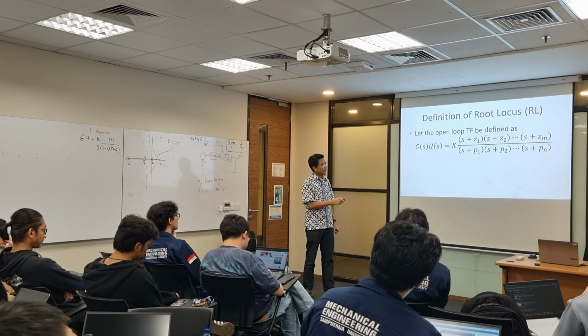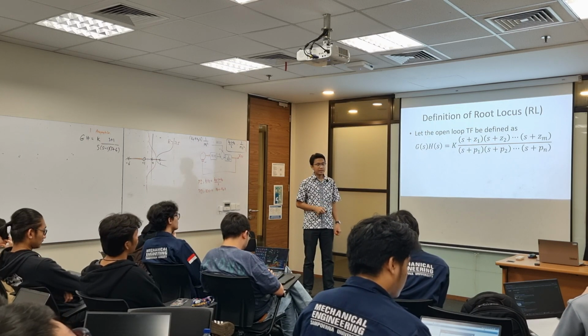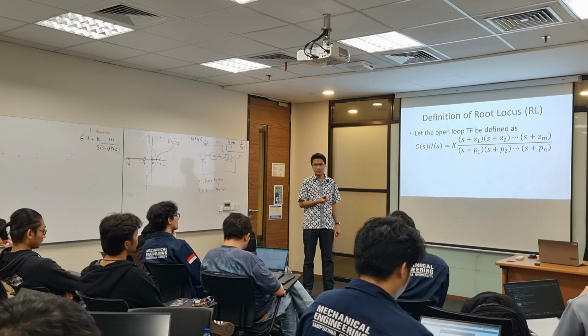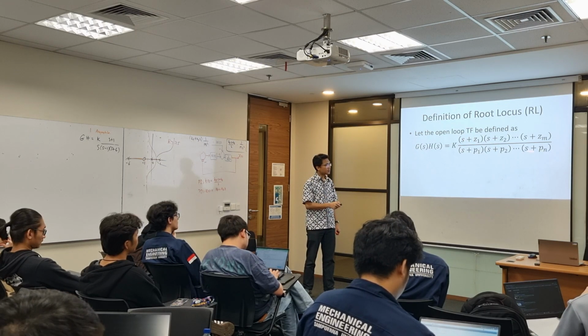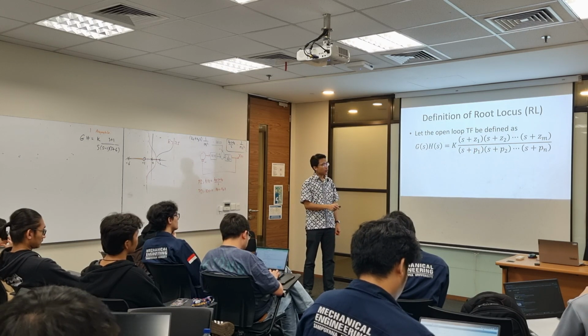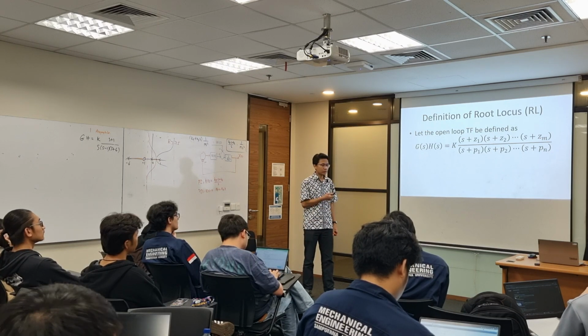On the top part, I write down the numerator as a multiplication of S and then the zeros. And on the bottom, we take out the poles in there. So we have M zeros and N poles.